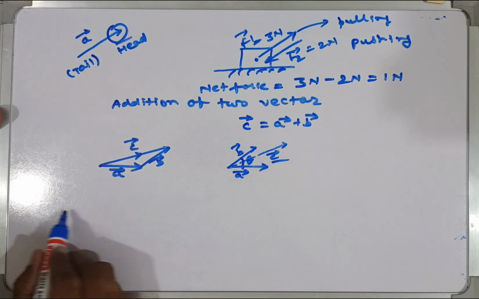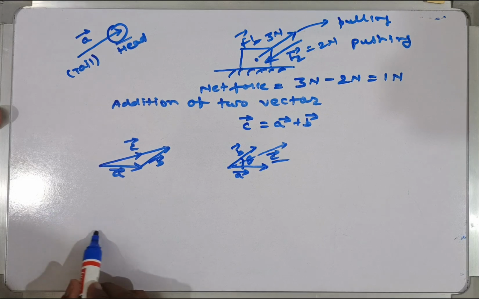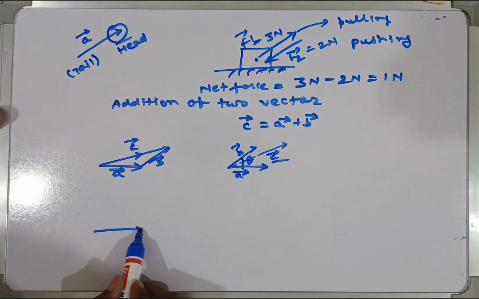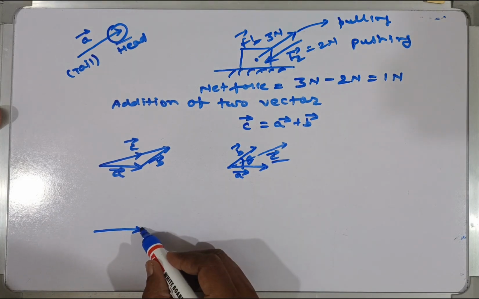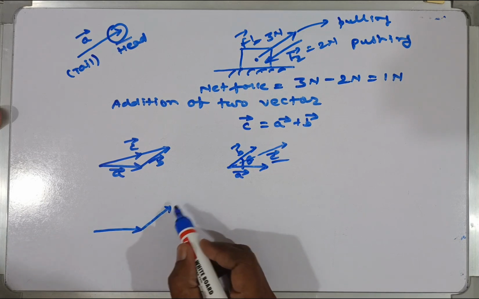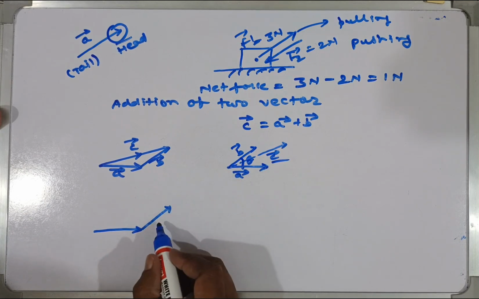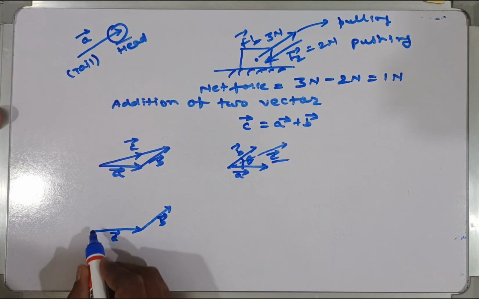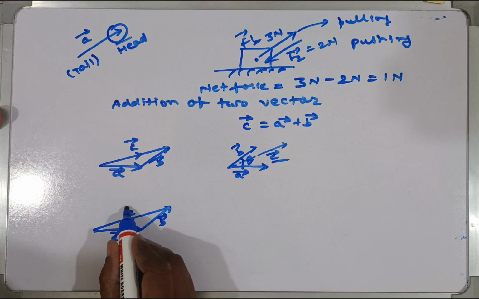You write this one as A, and you shift the B tail to the head here, B vector, and the resultant is the C vector.